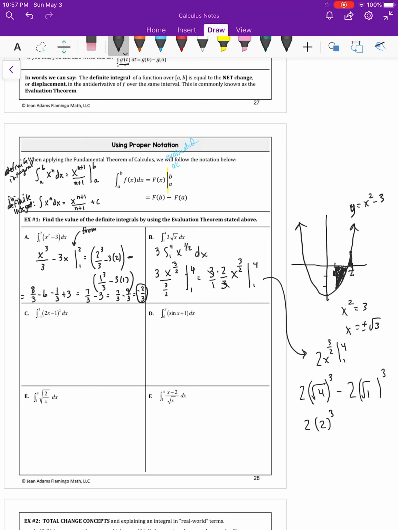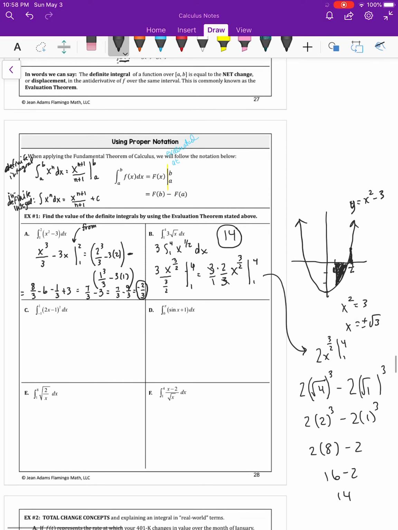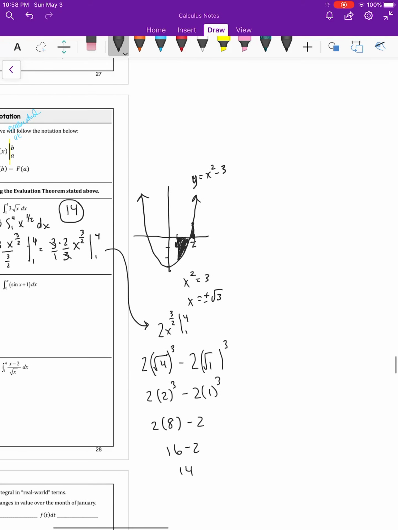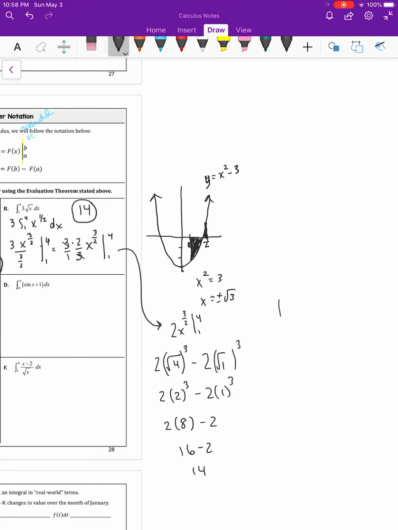So I'm just going to say 2 times square root of 4 to the 3rd minus 2 times square root of 1 to the 3rd. So 2 times 2 to the 3rd minus 2 times 1 to the 3rd. 2 times 8 minus 2, 16 minus 2, 14.